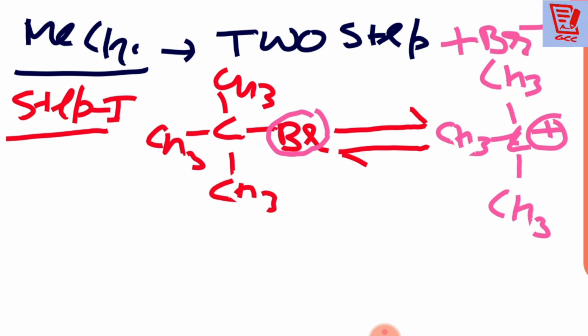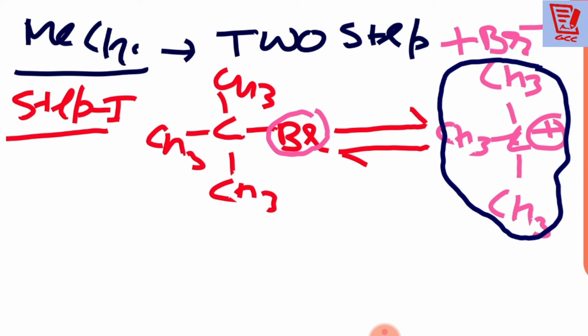Just remember, student, what is forming there is a carbocation. It is a tertiary carbocation, because the C positive is attached to three alkyl groups. Then step number 2.